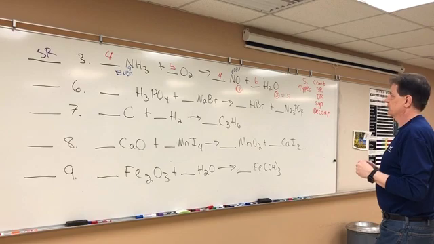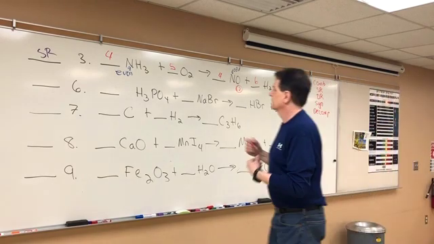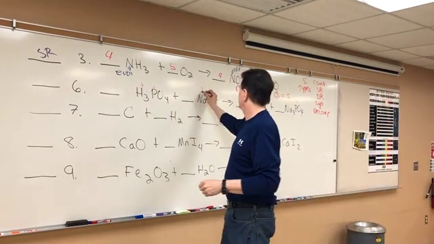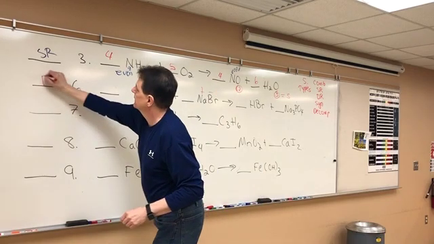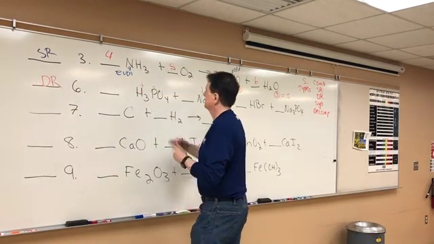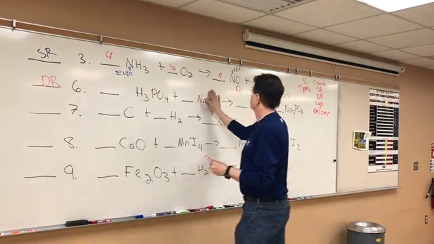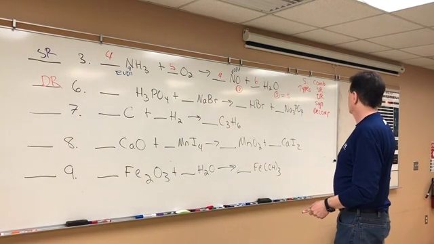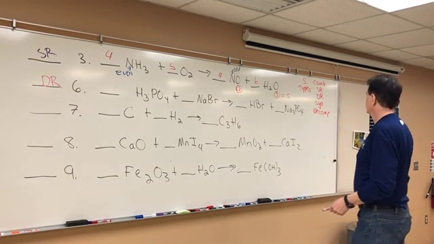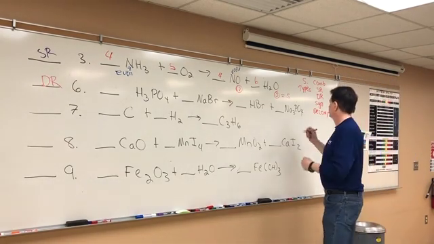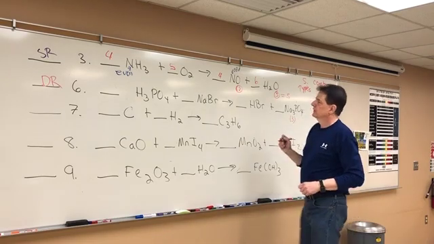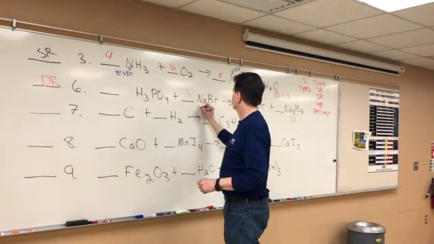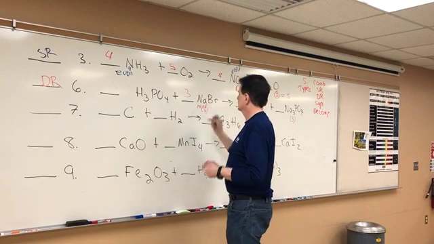Let's see, the next one, for type, we've got cation, anion, cation, anion. That would make it a double replacement. Where do we want to start? We can start with hydrogen or sodium. I'm going to start with sodium. I have 3 here, so I'm going to place 3 here because I need 3 on sodium.